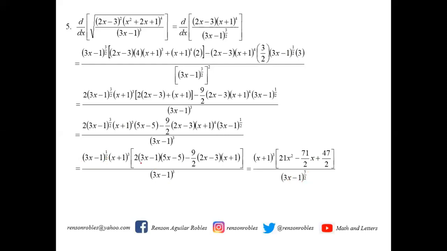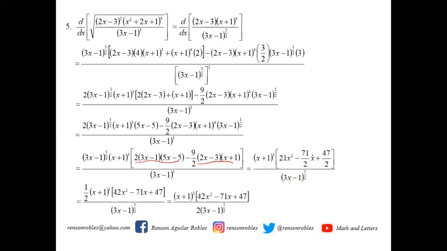And then you just multiply this, and multiply this by 3, then add the products, and you shall have (21x squared minus 71x over 2 plus 47 over 2). And then finally, just to avoid this denominator 2, I will factor out 1/2.